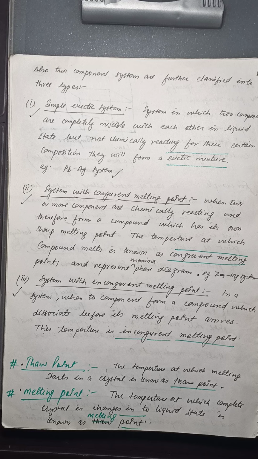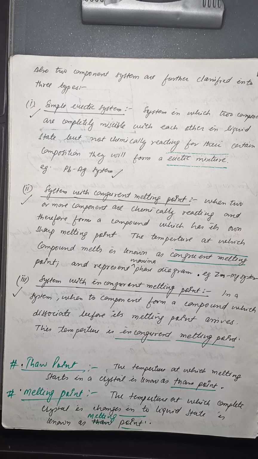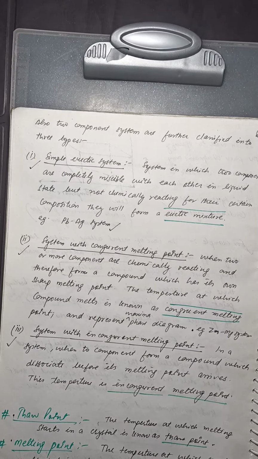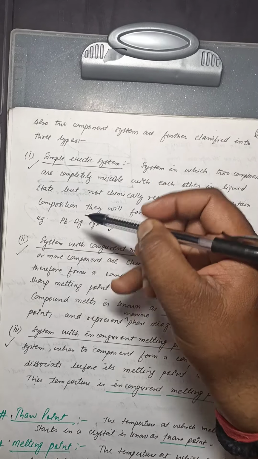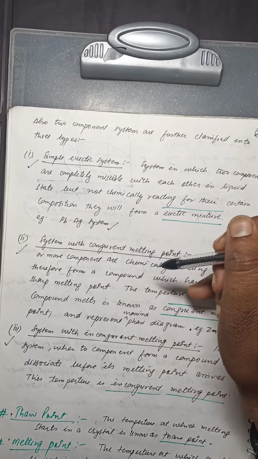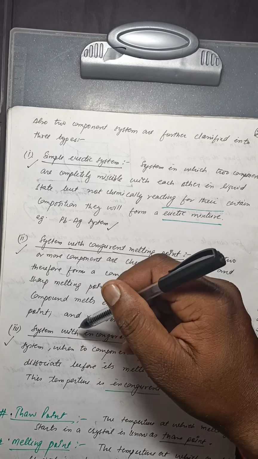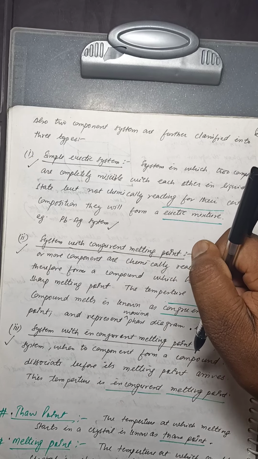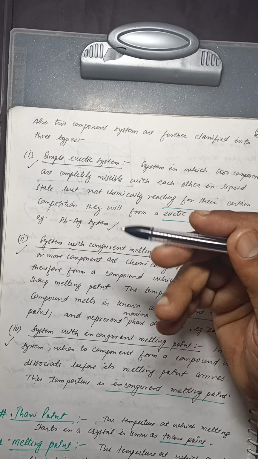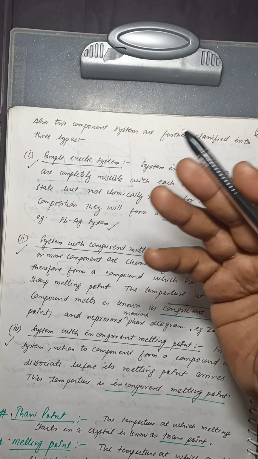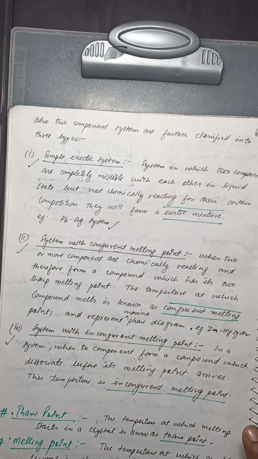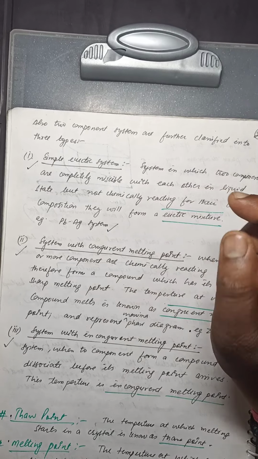Now we can also classify the two component system further into three types. First is the simple eutectic system. Second is the system with congruent melting point. Third is the system with incongruent melting point. These are the types of two component systems. And what is the simple eutectic system?